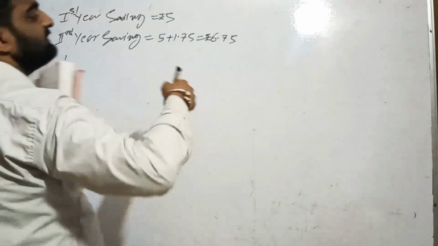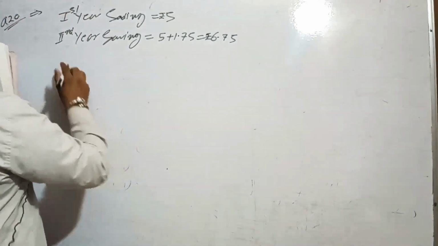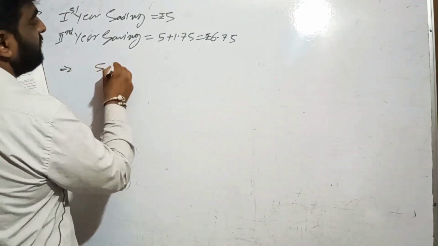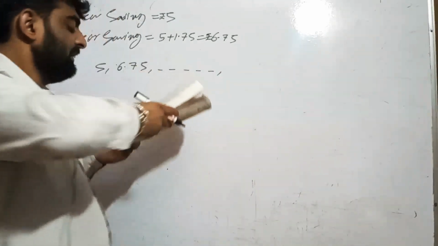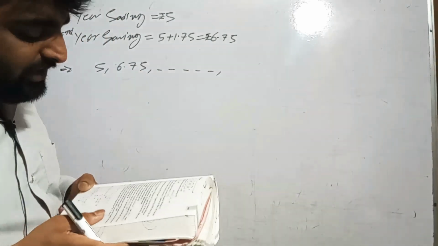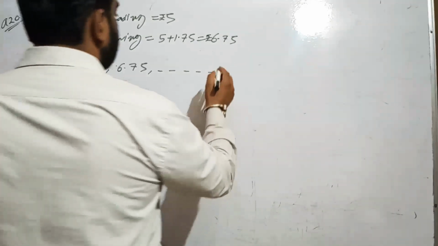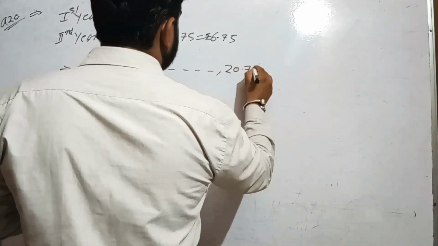This goes on, and up to the nth term the AP is formed, students: 5, 6.75 and so on, and at the nth week her weekly saving becomes 20.75 rupees.